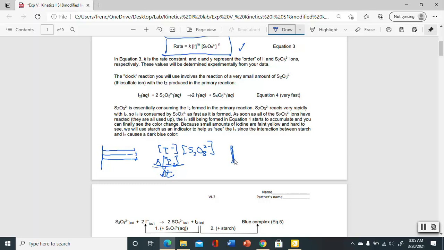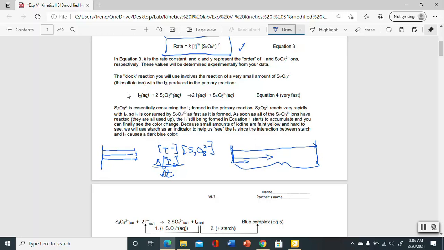So like with any race, they have to run a certain amount of time or a certain amount of distance, and then you can distinguish between the rate at which they're running. That's what we're going to do. We're going to give this reaction the exact same period of time in which to react so that we can distinguish between the 3 different concentrations.